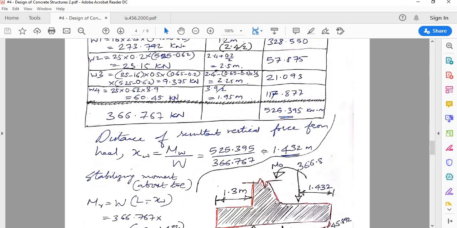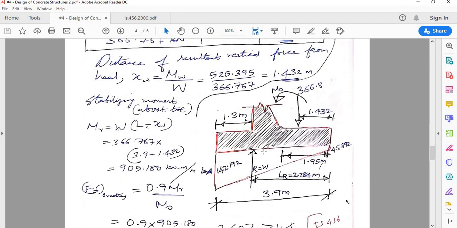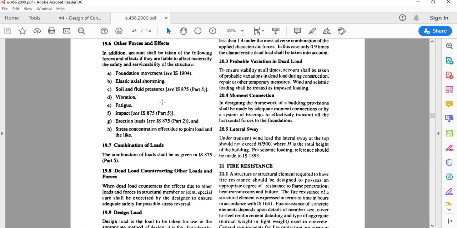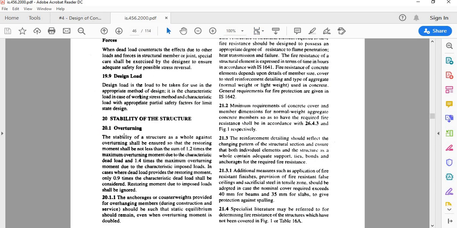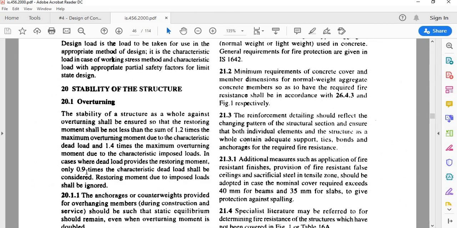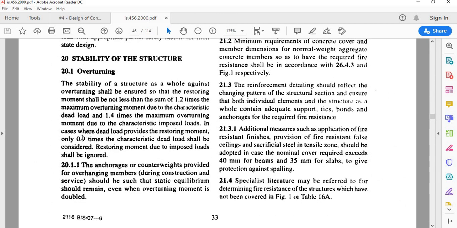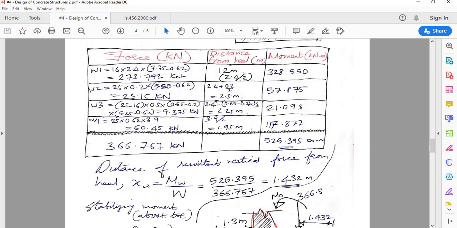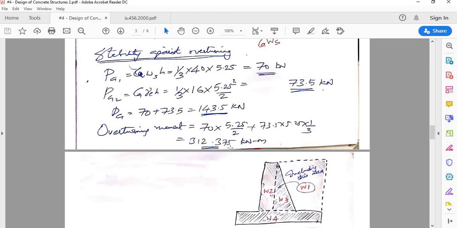So you got the stabilizing moment, and you have the overturning moment. We have all the data to do the stability check for overturning. For the factor of safety for overturning, the formula we had seen in IS 456, section 20, we had discussed this. You have to take 0.9 times MR, the restoring moment, which is 905.180, divided by the overturning moment, which we had calculated here.